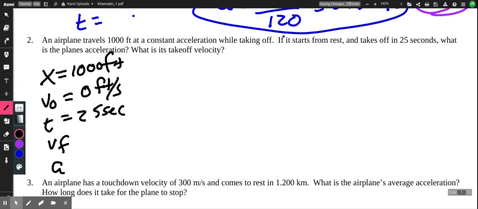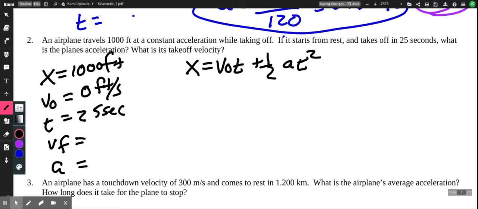And so looking at this, I can see the second kinematic equation. X is equal to V initial t plus 1/2 AT squared. When I plug in my numbers, I have 1,000 is equal to 0. We love 0. 0 makes any term go away. 0 times anything is 0.